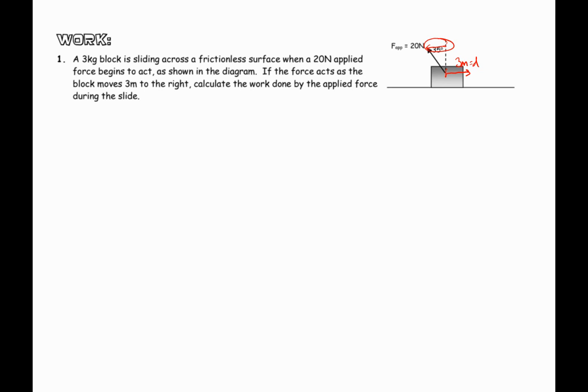Now, in this case, you're not going to be looking at your cosine, and that's why it's really important to understand what that cosine theta means. So I'm going to look at this problem in two different ways. One way is that work is equal to the force parallel to my distance. The parallel force is going to be 20 newtons, but in the negative direction.